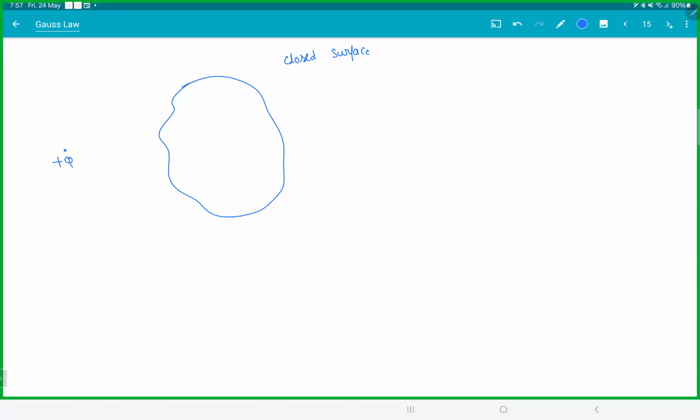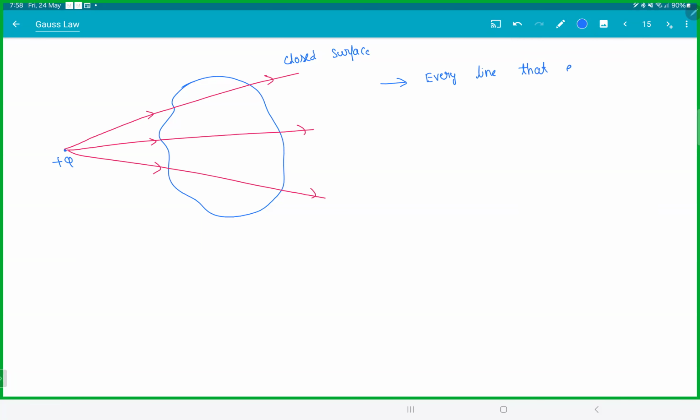This is plus q. Every line that enters will leave. Therefore, flux due to outside charges is 0. Simple reasoning. If 2 are coming in and 2 are going out, flux is 0.